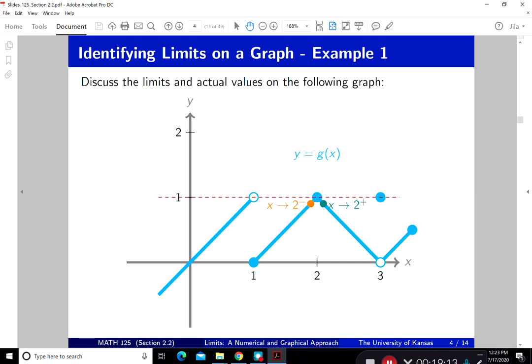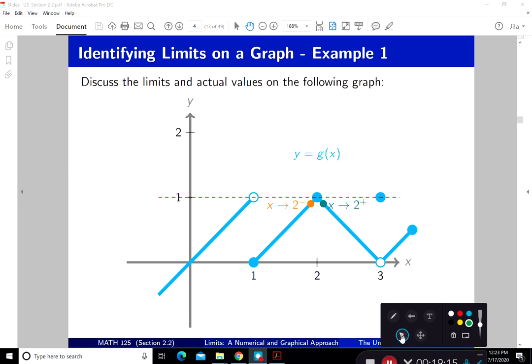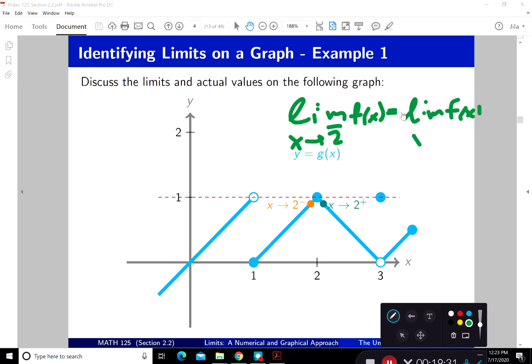So in this case, the limit as x approaches 2 from the negative side, from the left side, is equal to the limit of the function as x approaches 2 from the right side, and that value is 1, and that is actually equal to f of 2 itself.